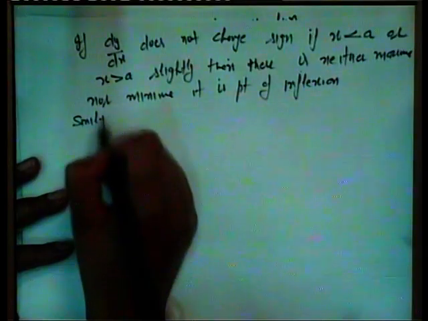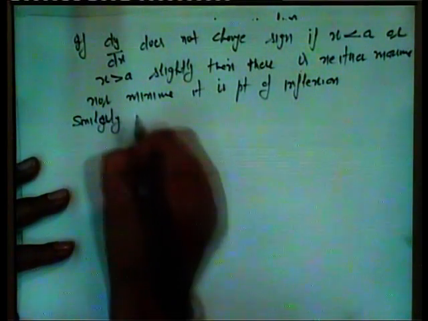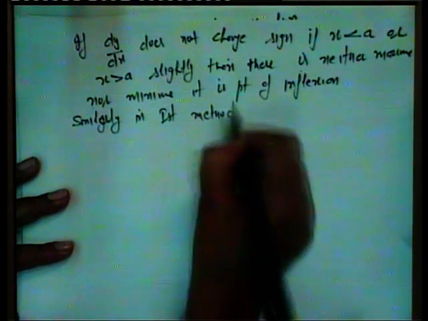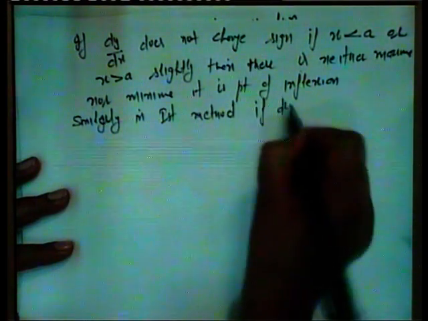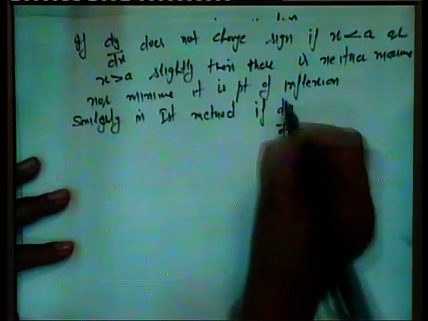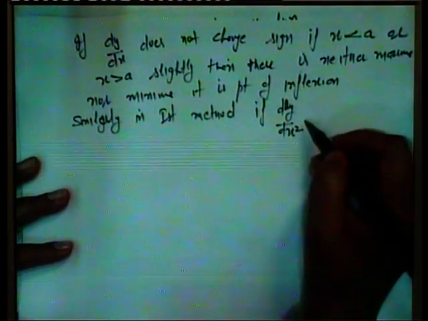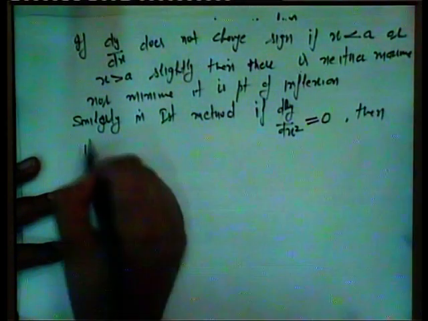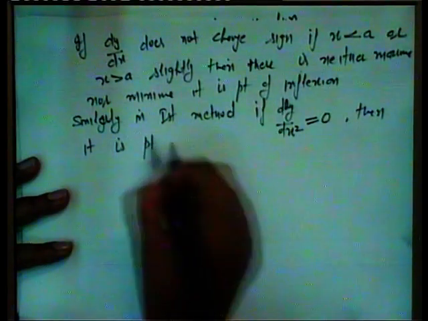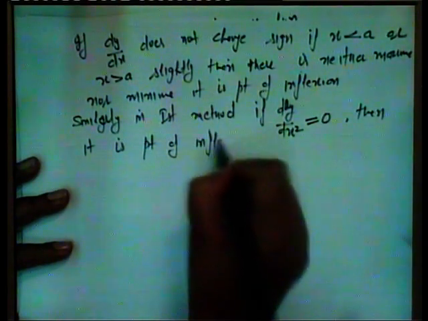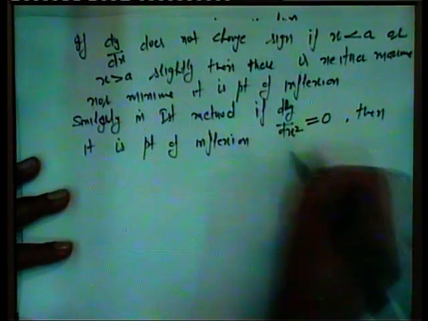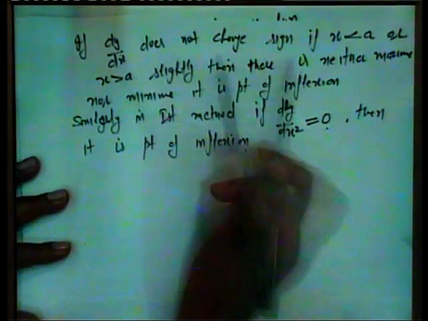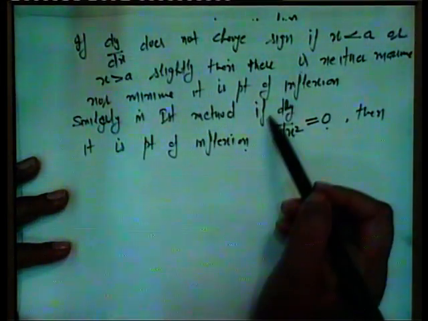Similarly, in the first method, if d2y by dx square is not positive, not negative, it is 0, then it is a point of inflection. If dy by dx does not change sign, then it is a point of inflection.